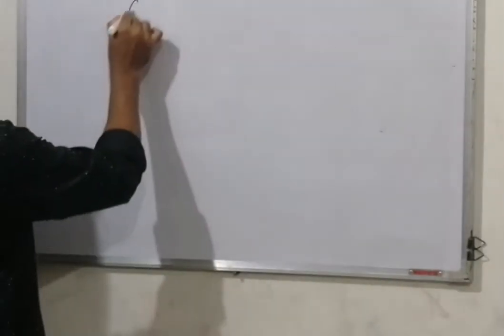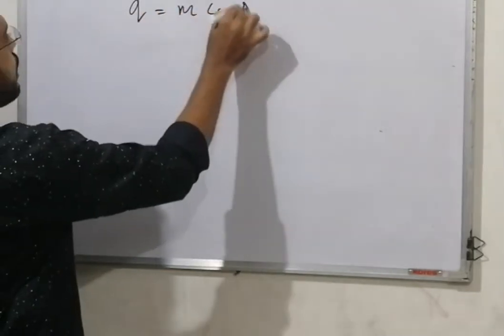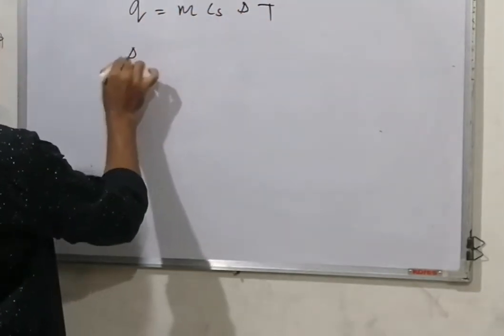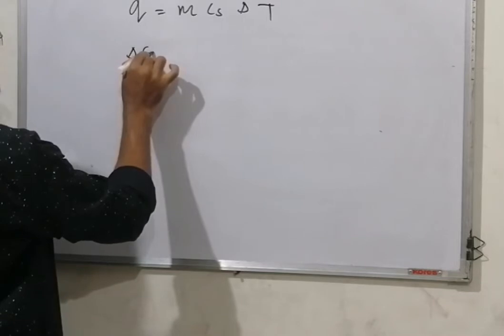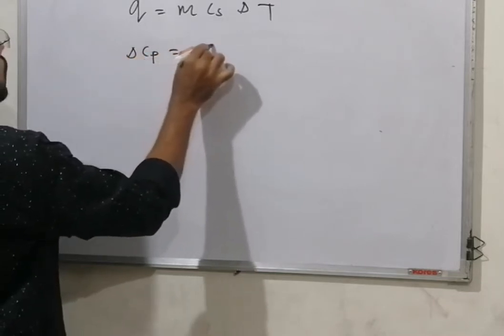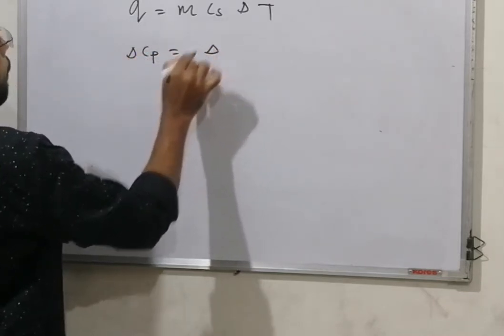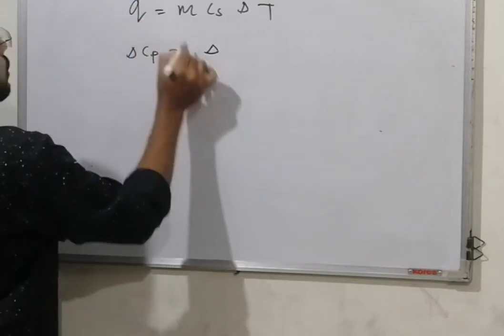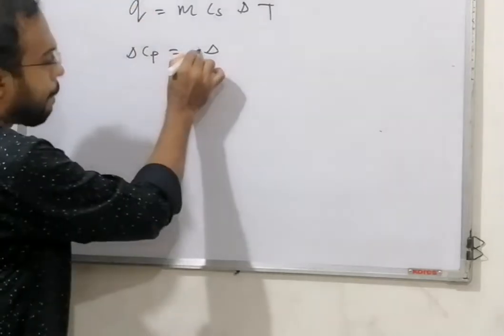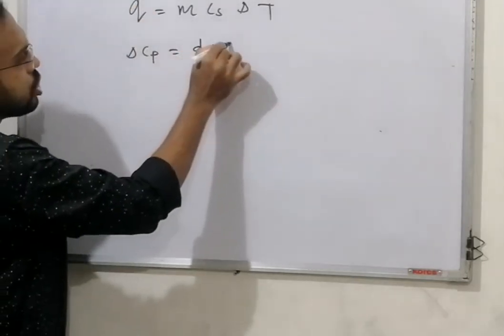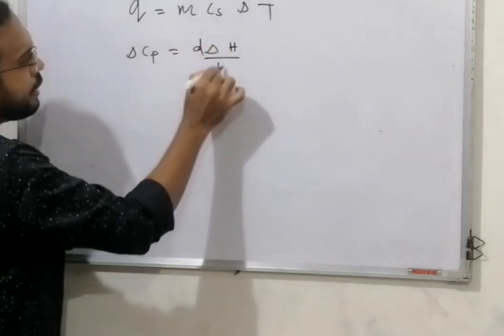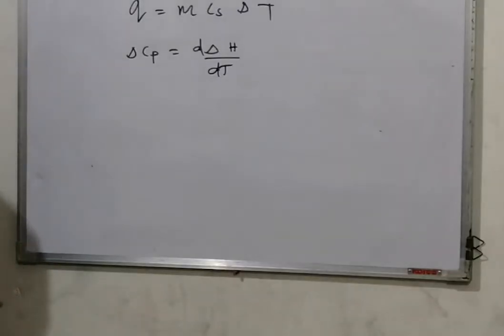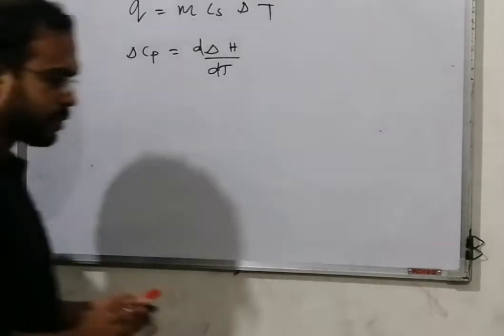Therefore, I summarize the equation. Please remember this equation: Q is equal to M Cs delta T. Change in heat capacity is equal to d delta H by dt. Now we can solve some questions.